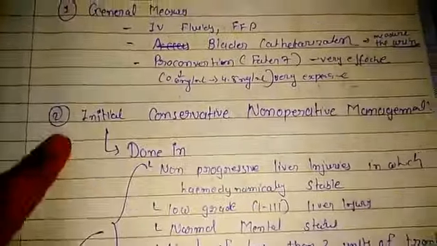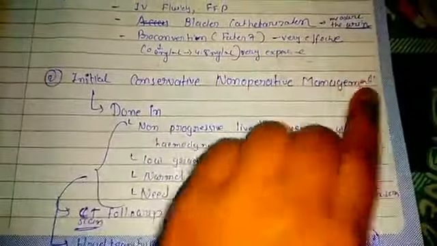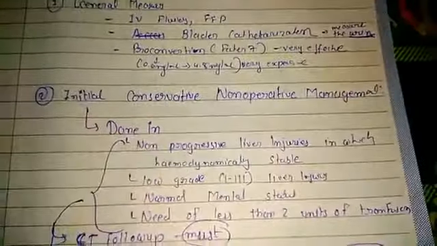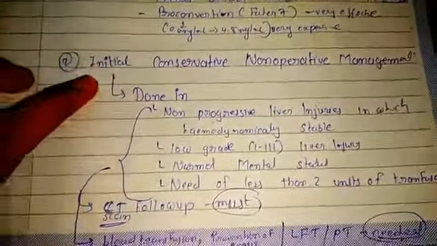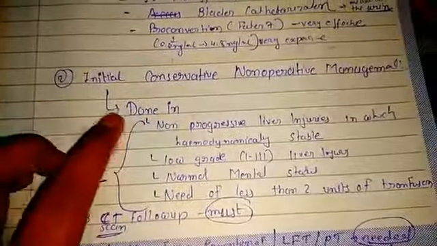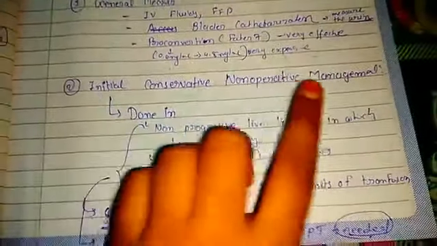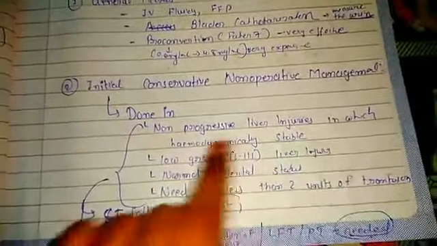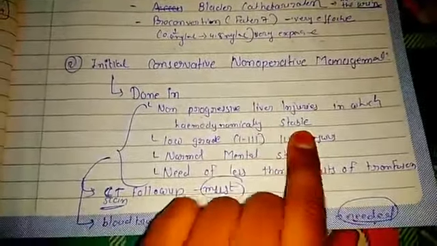Then we go for the initial conservative non-operative management, which is more common in blunt trauma. The first group is non-progressive liver injuries, in which the patient is hemodynamically stable.